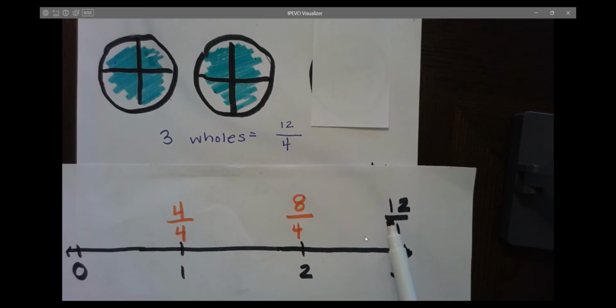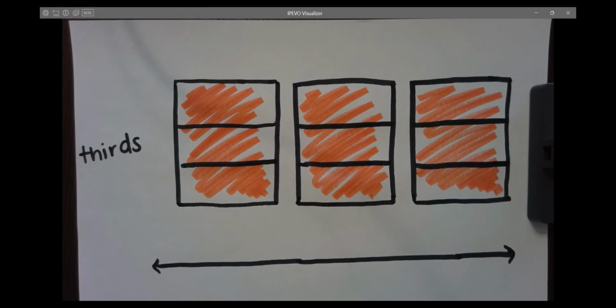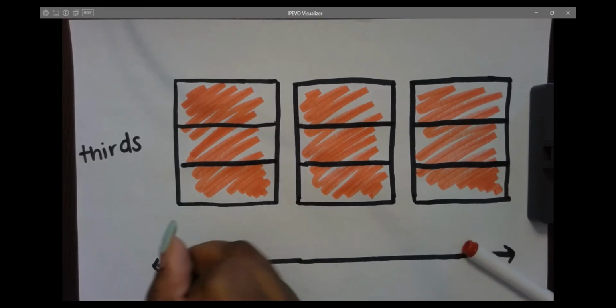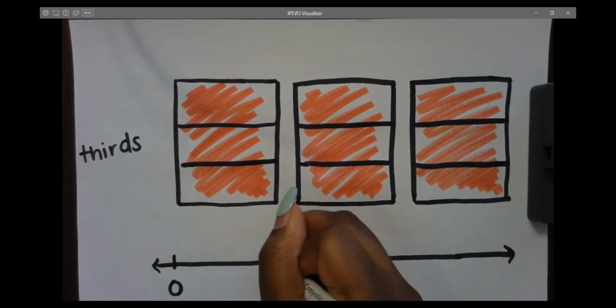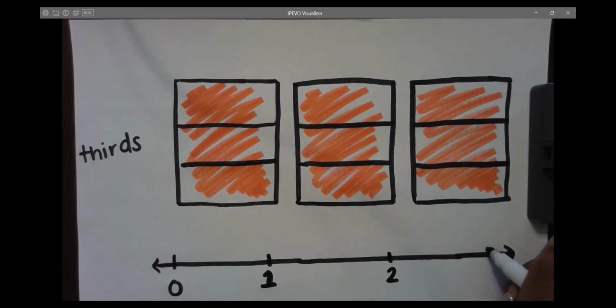So let's see if we can try another one on a number line. Here we have how many wholes? Right, we have 3 wholes. So on my number line, I'm going to label them 0, 1, 2, and 3. What would be the fraction for 1 whole?